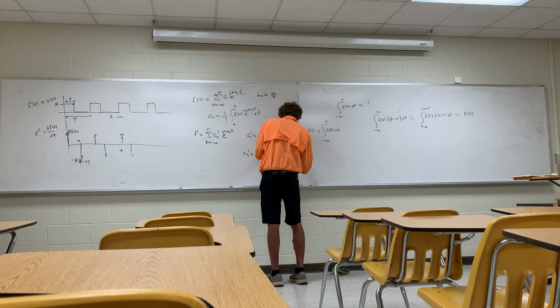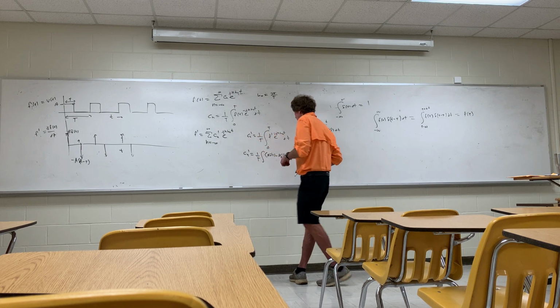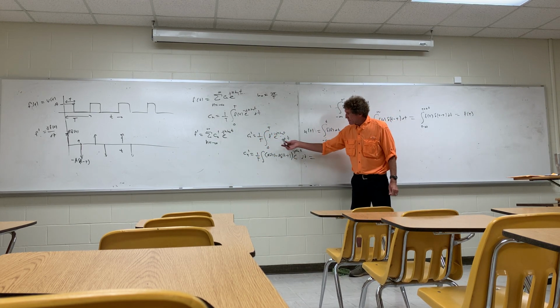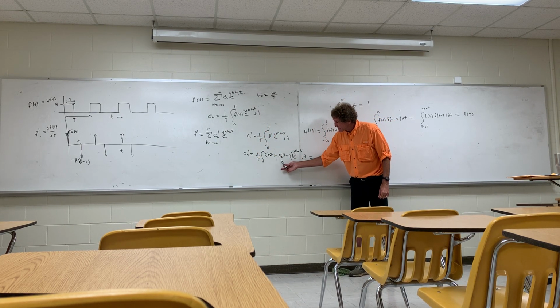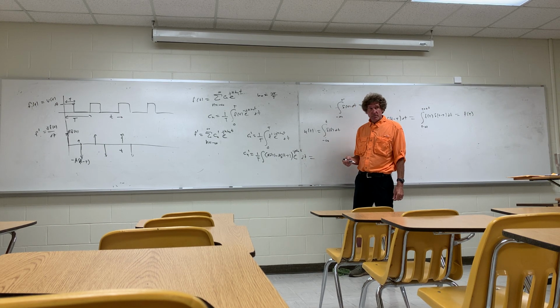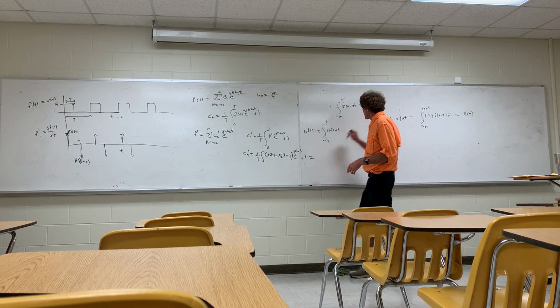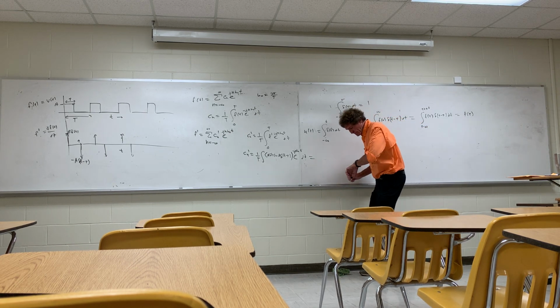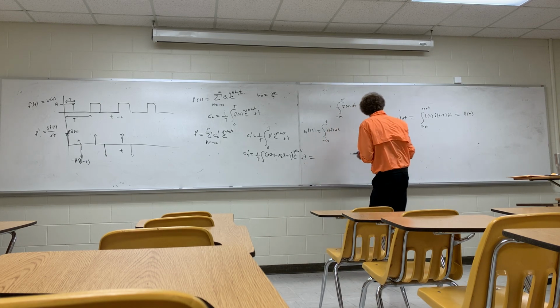Those are the first 2, times e to the minus j n omega naught t dt. The only thing I've done here is I've replaced f prime with a delta function notation. I have a delta of t minus a delta of t minus tau, and it's got to be times e to the minus j n omega naught t. Follow me so far? All right, keep watching. I'm going to do it up here so you can see it better. I got some time to do it.